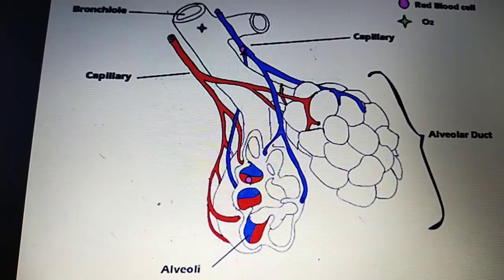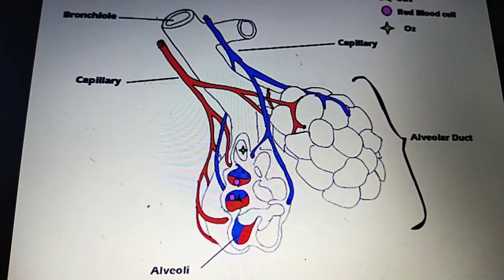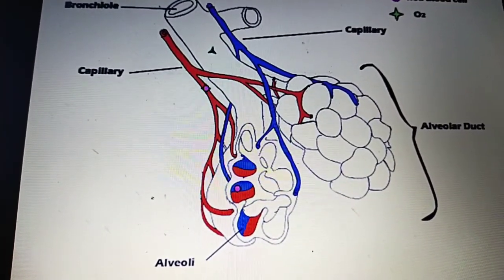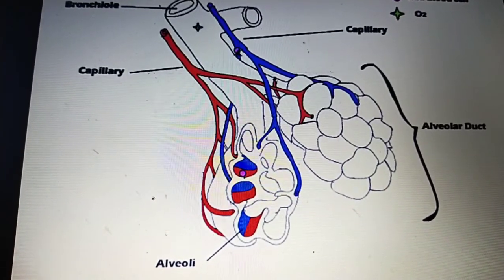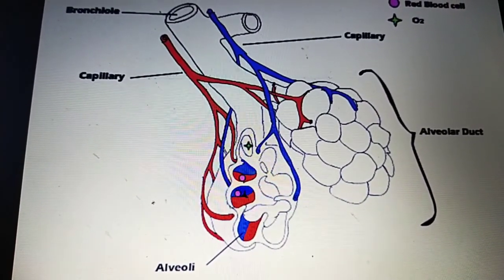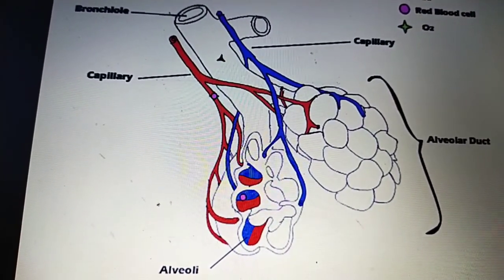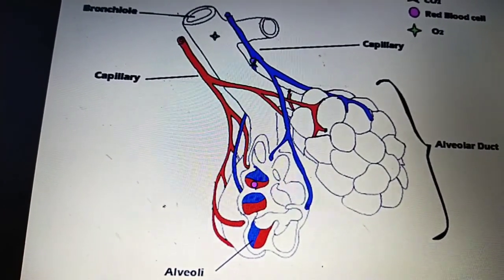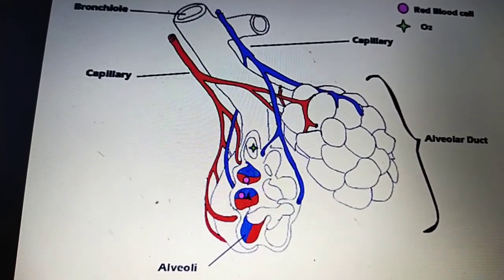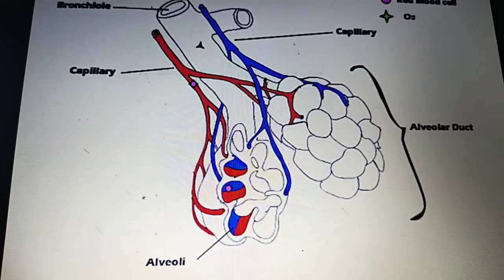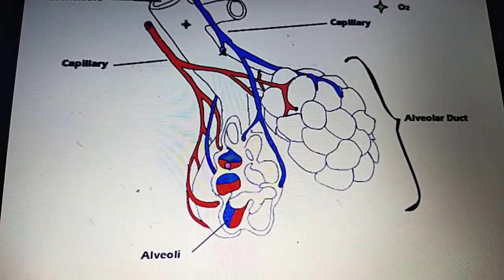This is mainly aided by surfactant, which is produced by the type 2 cells of the alveoli. And the collagen fibers give the sac-like structure of the alveoli.